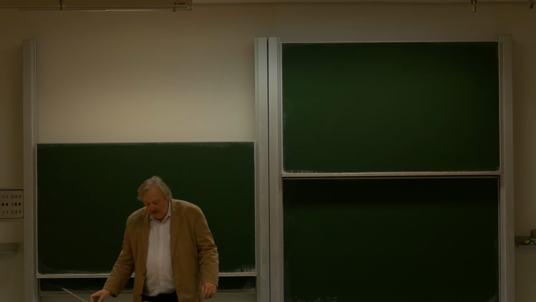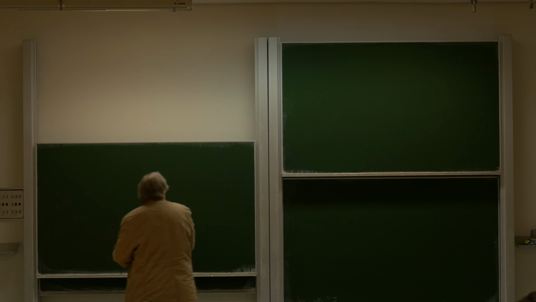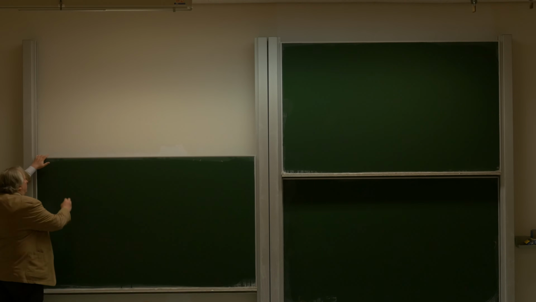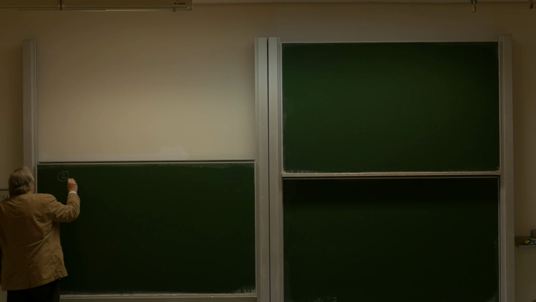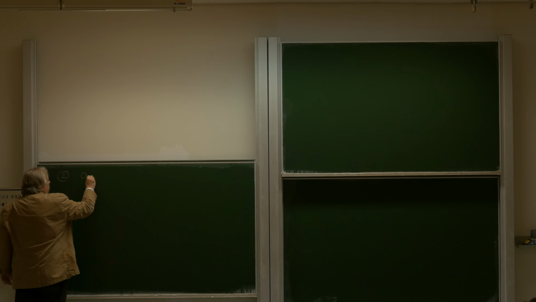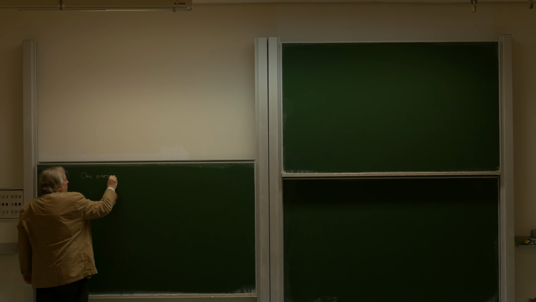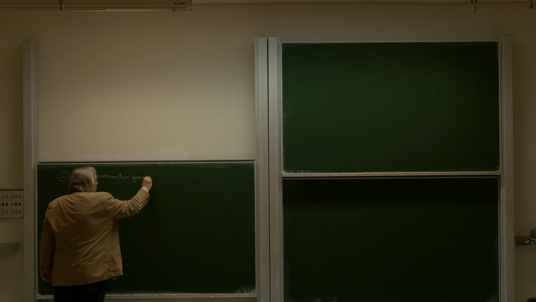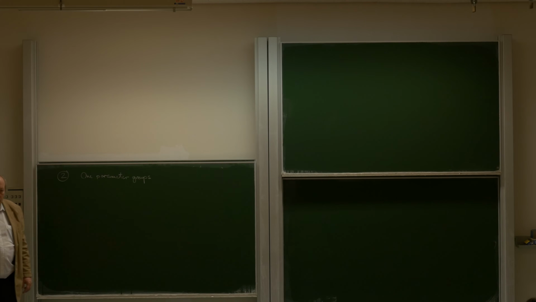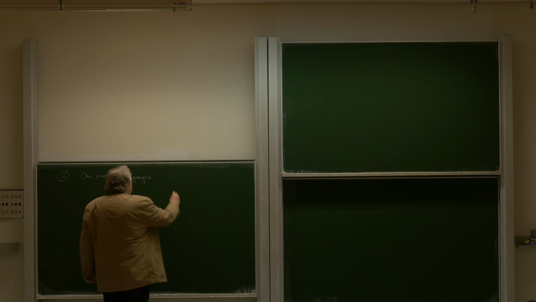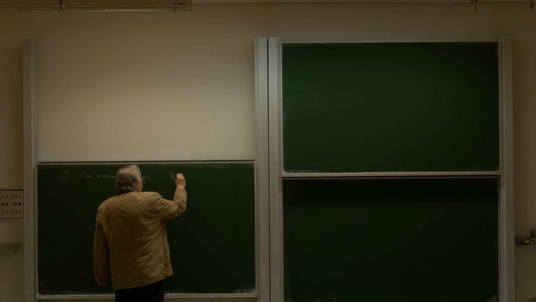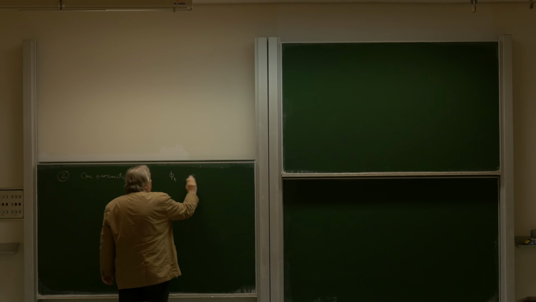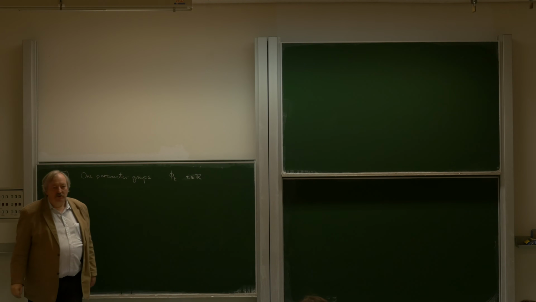Okay, so I think we have a numbering of the examples. So second example, one parameter groups. There you would have a family of such transformations, let's call them phi t, and it has a property, for t in R, this is the one parameter on which this depends.